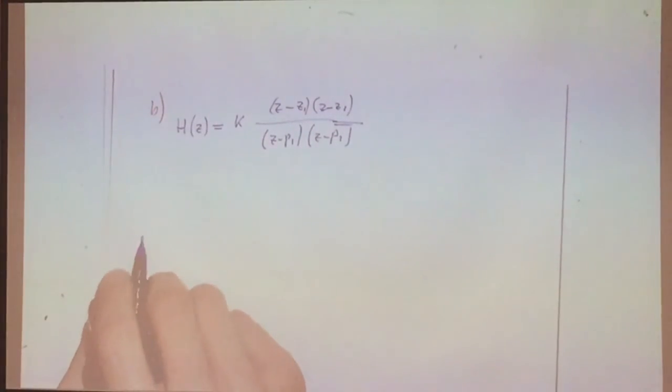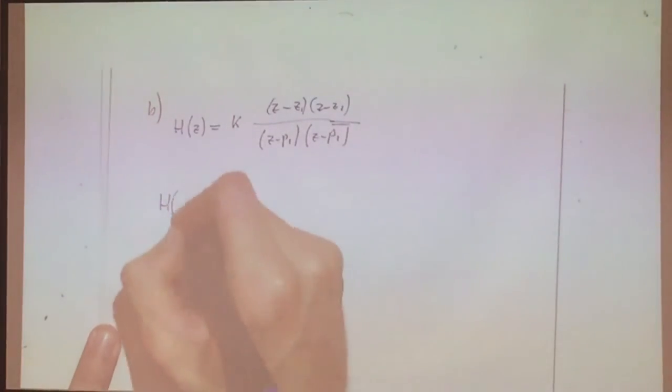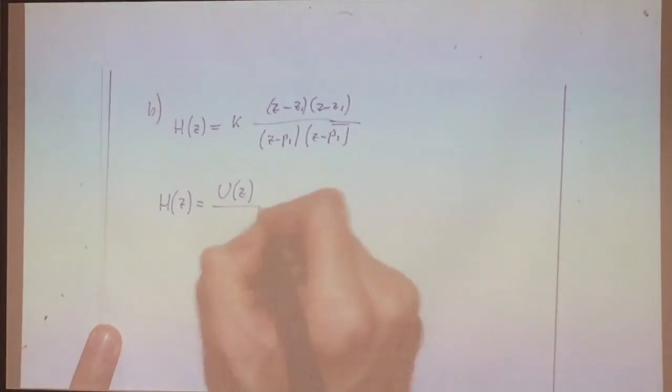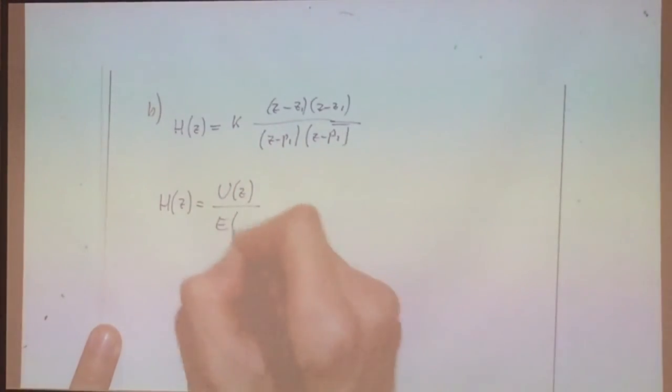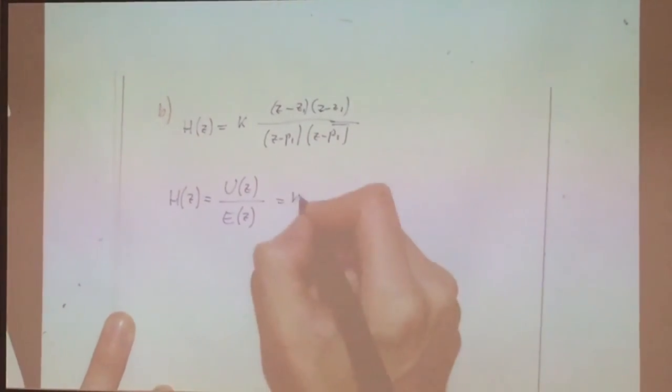And then if you want to find the difference equation, you need to think of the transfer function as a ratio between the output and the input. So H of z is equal, in fact, to U of z, the output, divided by E of z, the input. Equal to the same thing.